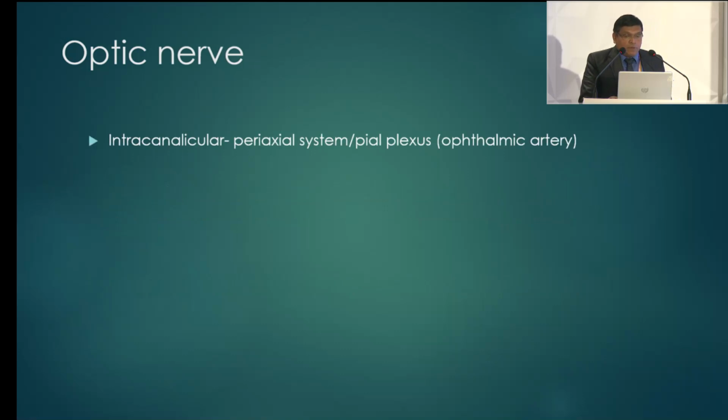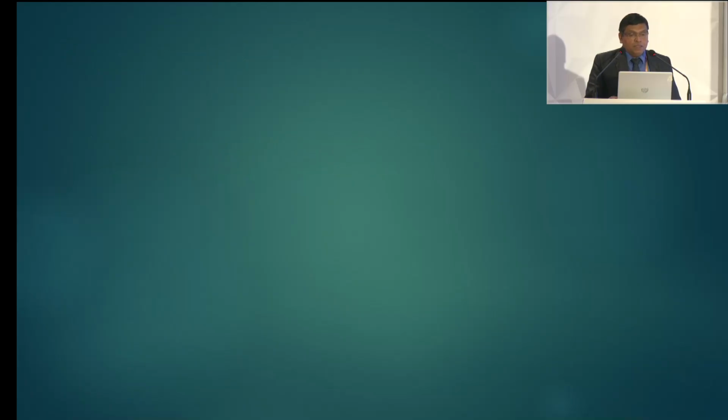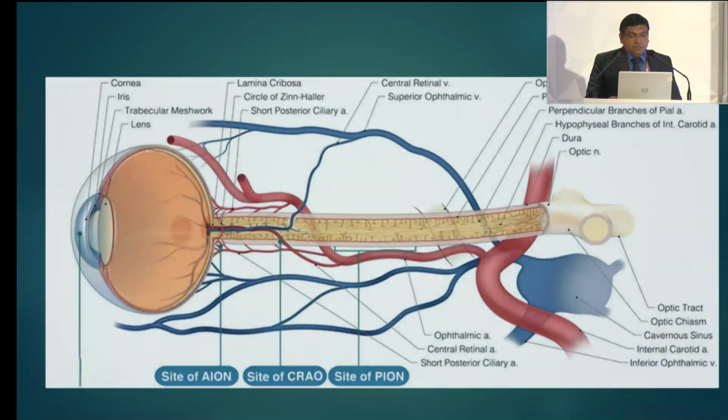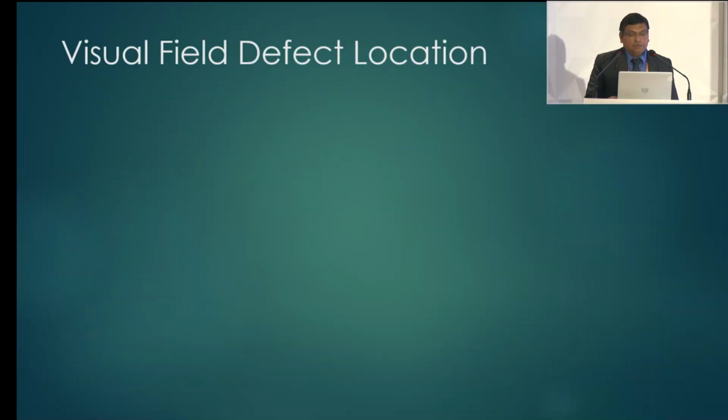The intracanalicular part is the periaxial system plus the pial plexus, which is a product of the ophthalmic artery. The intracranial part is about the same. So in the diagram again, anterior ischemic optic neuropathy is going to affect the nerve more anteriorly, and we have another entity called posterior ischemic optic neuropathy, which affects the posterior part of the nerve.